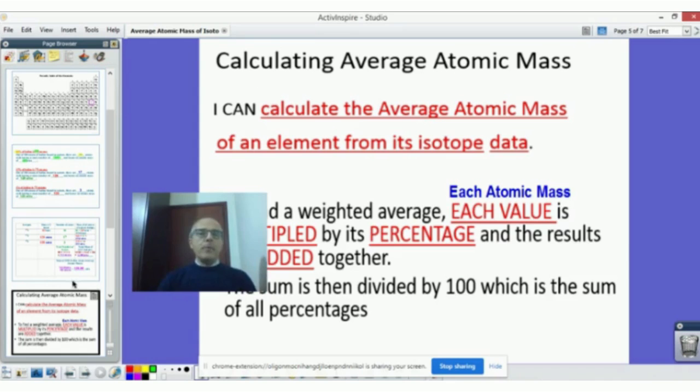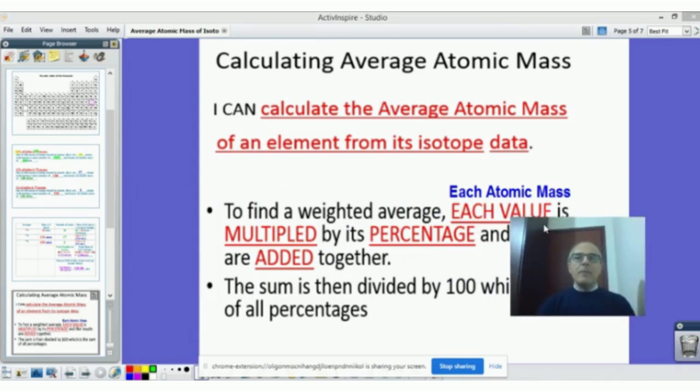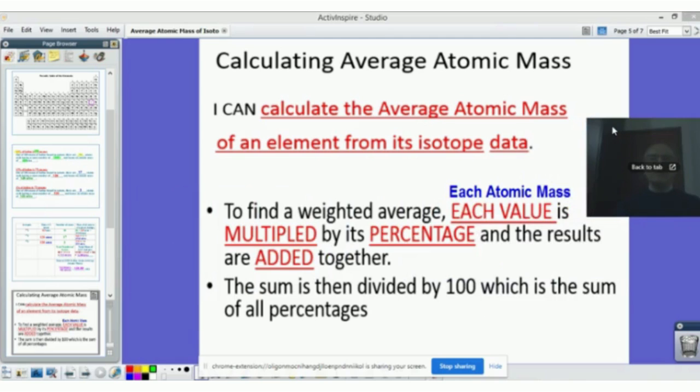After going through this guided example, now we will sum up the method that should be used. To calculate the average atomic mass of an element from its isotope data, I take each atomic mass, multiply it by its percentage, add all the results together, and divide the sum by 100, which is the sum of all percentages.